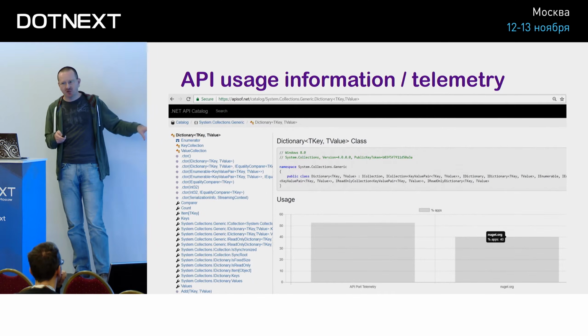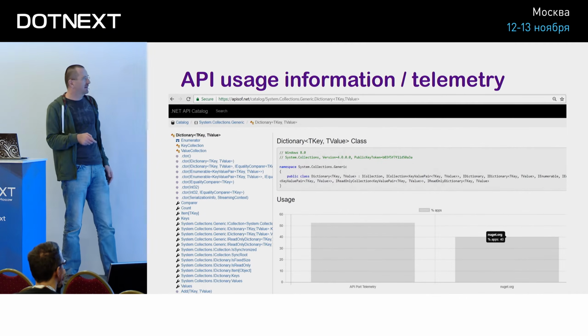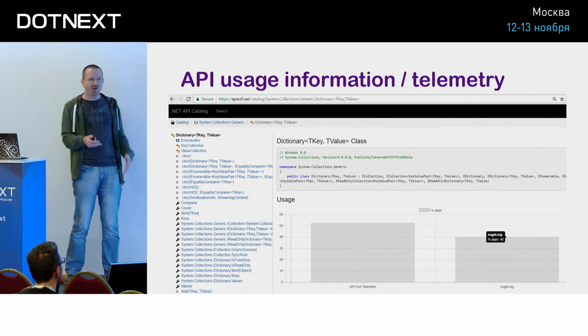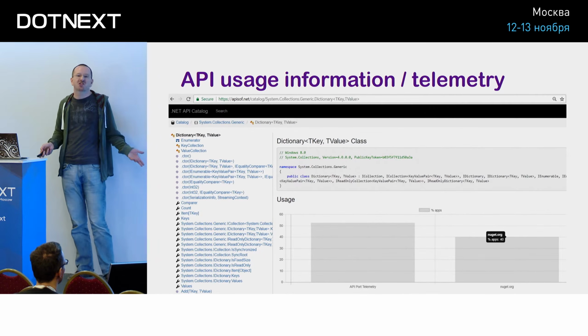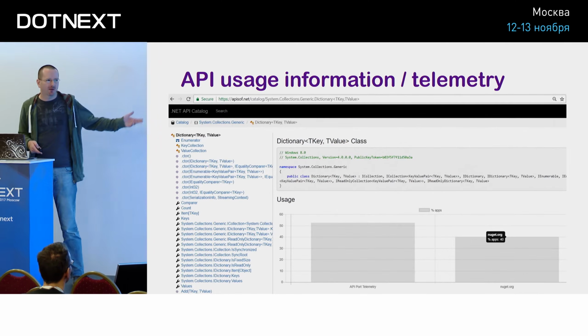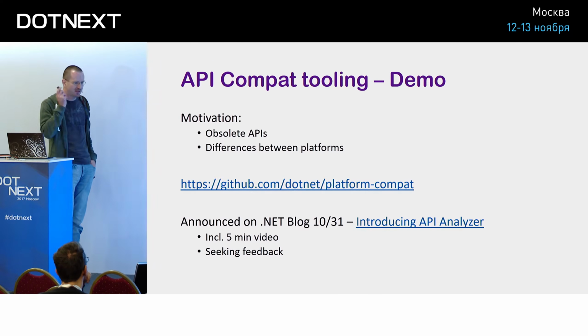So this is our best approximation, and even this is not perfect, in the sense that it's quite possible that Dictionary is used in 90% of the applications and only 50% of libraries. We just don't know. But it's better than nothing and better than making decisions based on just thinking.